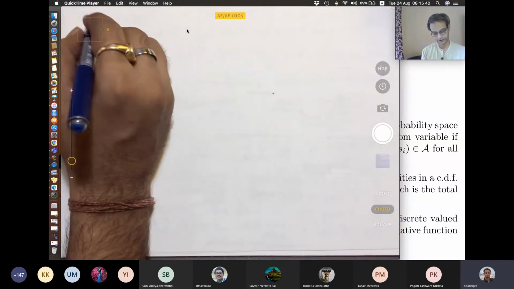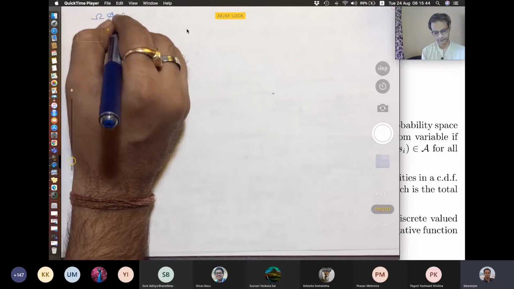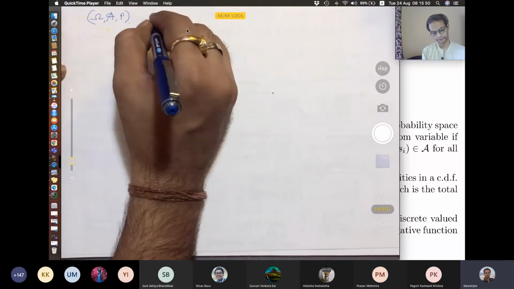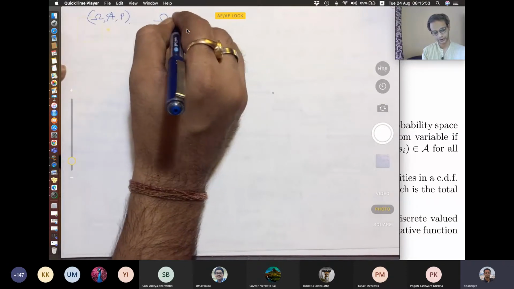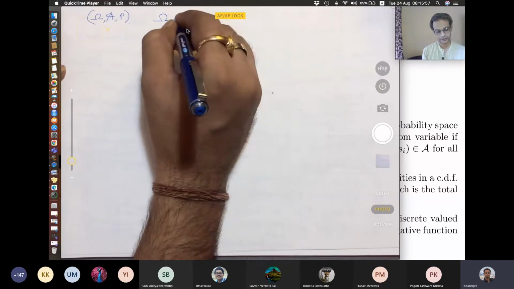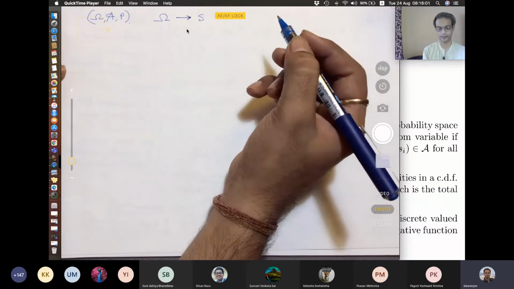The simple idea here is that we start with the probability space Omega, script A, P, and now you are considering the mapping from omega to S, where S is also sometimes called the sample space of the random variable.